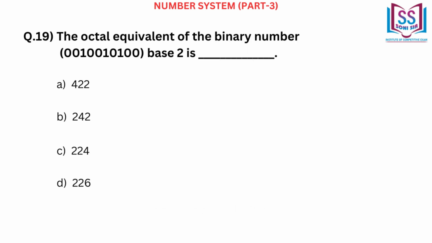The octal equivalent of the binary number 001001010010 base 2 is dash. A 422, B 242, C 224, D 226. Correct answer C 224.